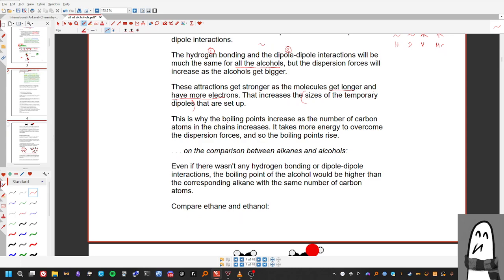And this is why the boiling points increase as the number of carbons in the chain increases. As it takes more energy to overcome the dispersion forces, the boiling point rises.